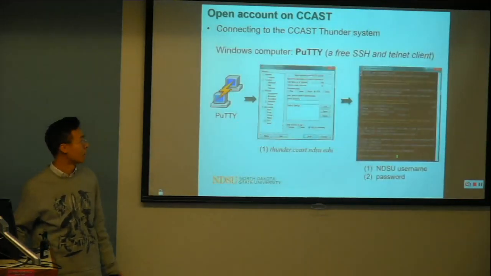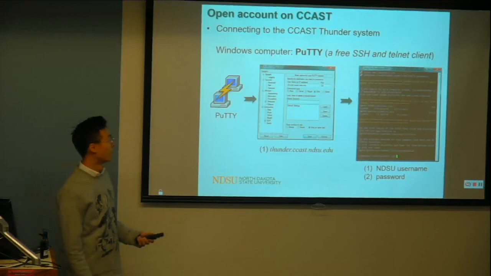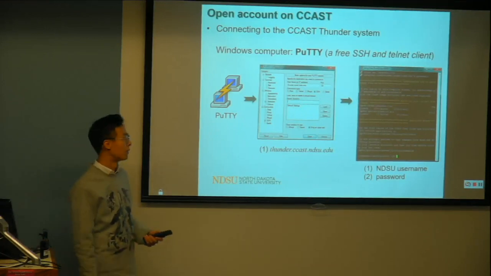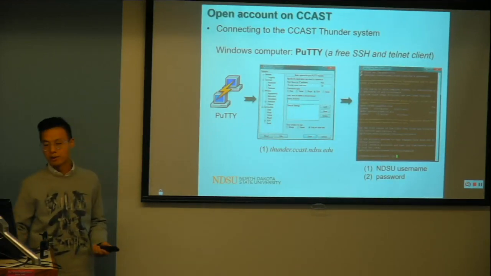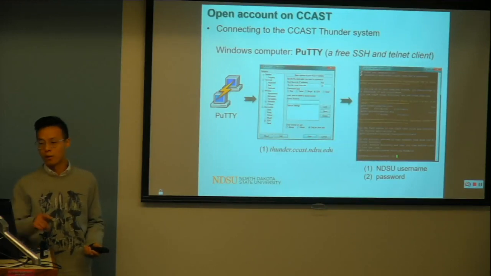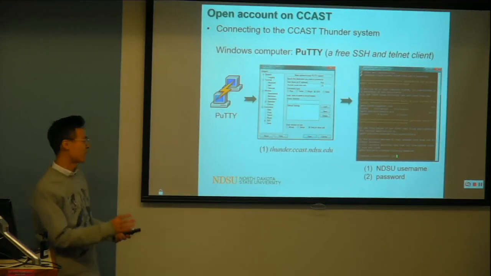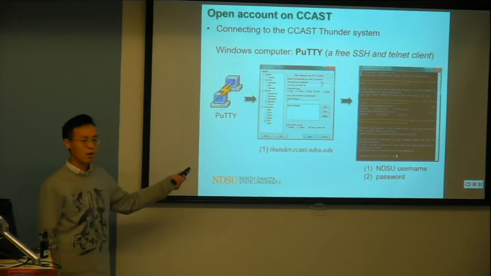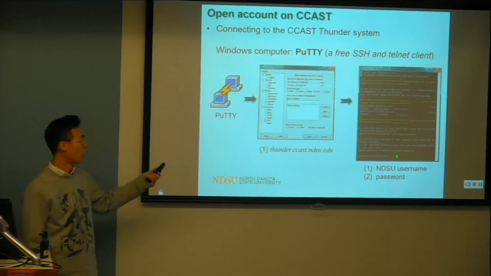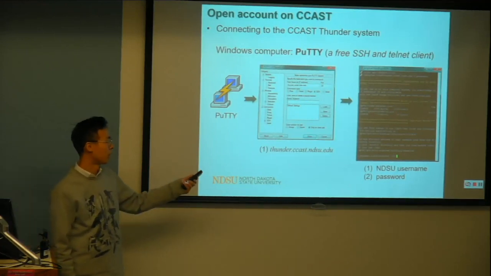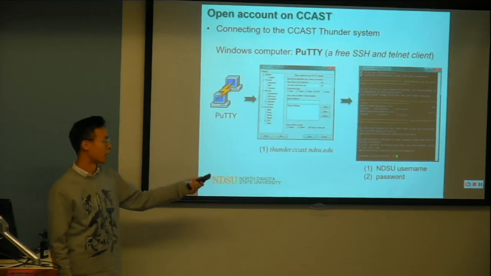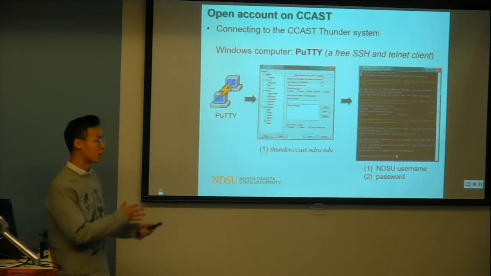The next step is connecting to the CCAS system. For a Windows computer, you need to download and install PuTTY, a telnet client. You just need to open PuTTY and enter the host name and also your NDSU username and password. Then you will enter CCAS.